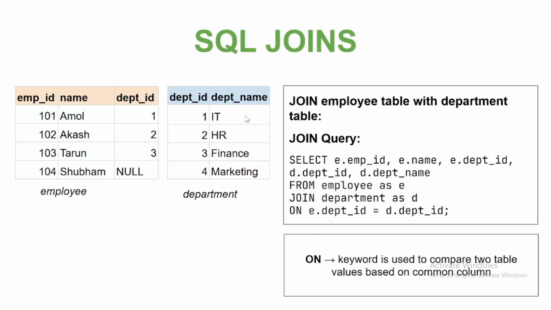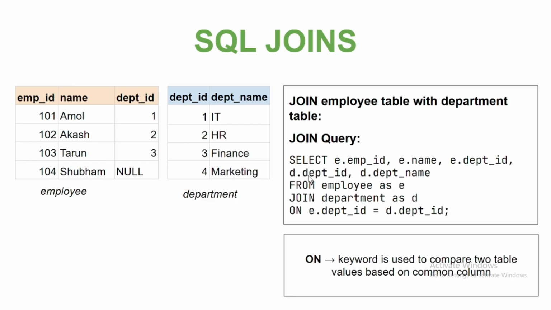Okay. So join employee table with department table. These two tables we have, employee and department table, and we have to join them using joins. How will we join? This is the join query we have written. Select, then e dot employee ID, where e is the alias name for the employee table. Then first column e dot emp ID, then comma, another column name we are taking, e dot name. Then comma e dot department ID. We have to mention all columns we are going to read in the select clause.